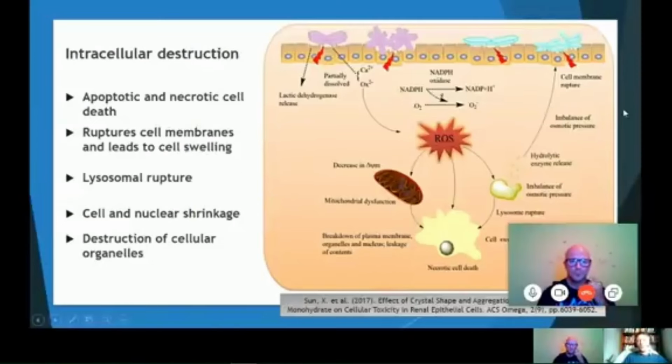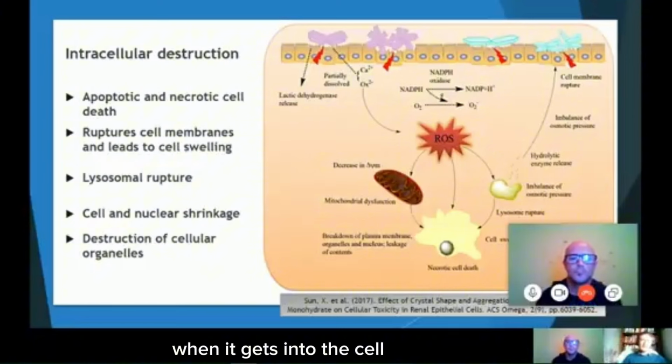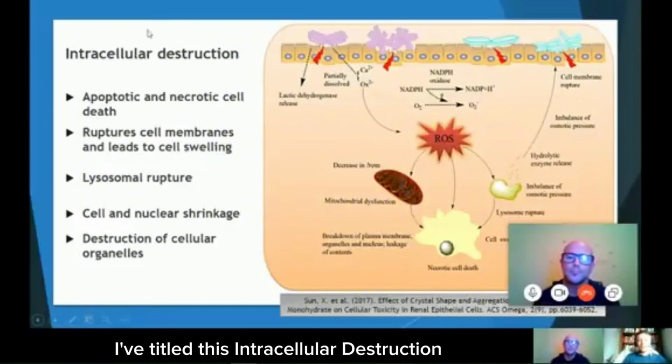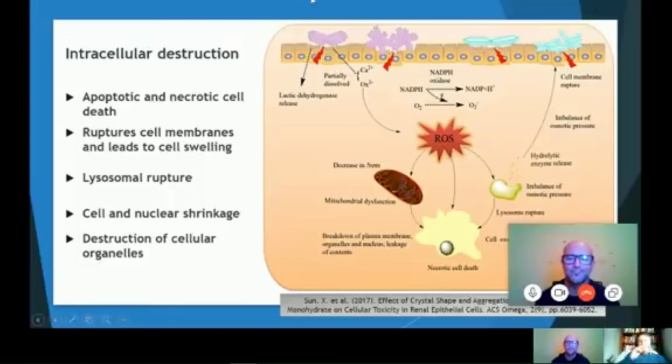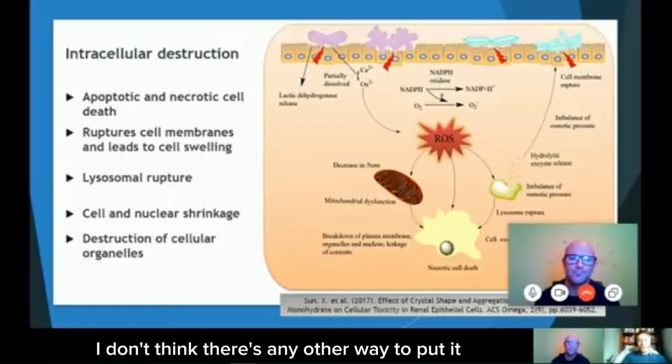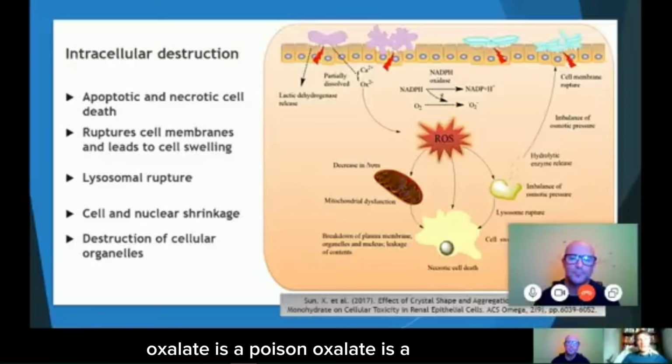Now, when it gets into the cell, I've titled this Intracellular Destruction. I don't think there's any other way to put it. Oxalate is a poison. Oxalate is a serious toxin.